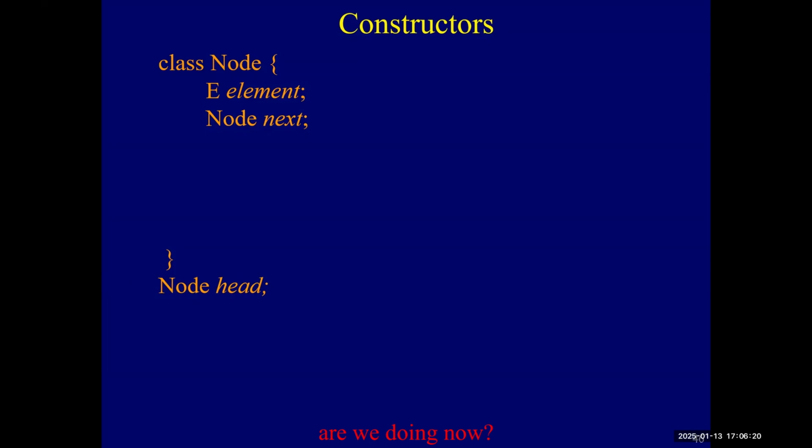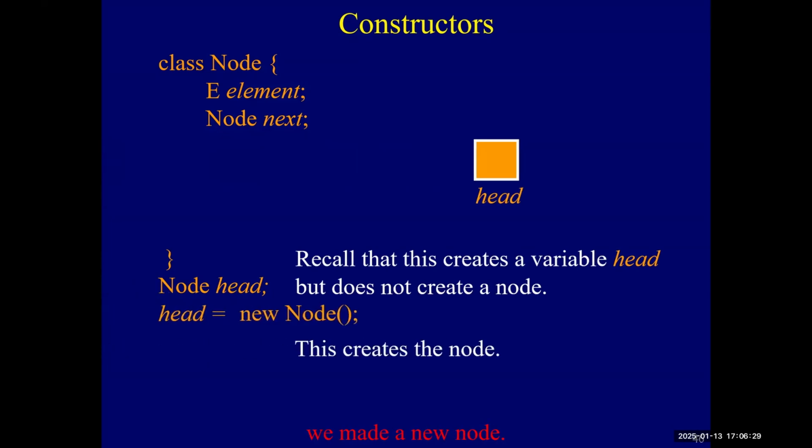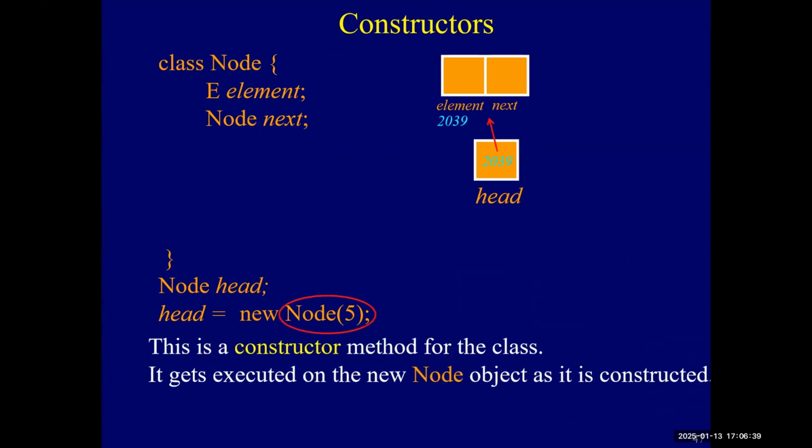All right, what are we doing now? We got a node. Here we declared the thing. We made a new node. There's our new node. If you want to execute some code as the node is being created, here we're giving new node a value.